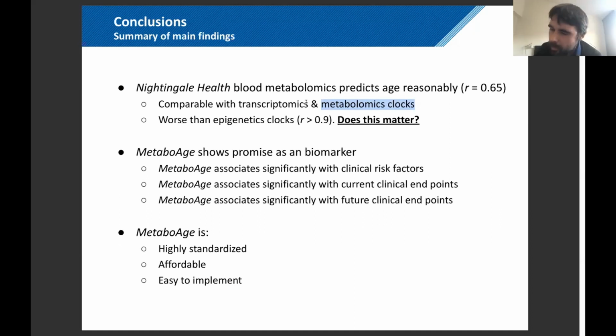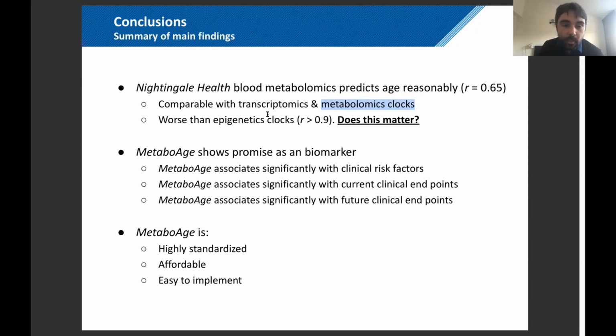Transcriptomics do, I think, a bit more comparable. But in the end, it's about this difference between the predicted age and the actual age, and whether this difference is actually informative for disease risk. And there we see that it predicts kind of equally well.